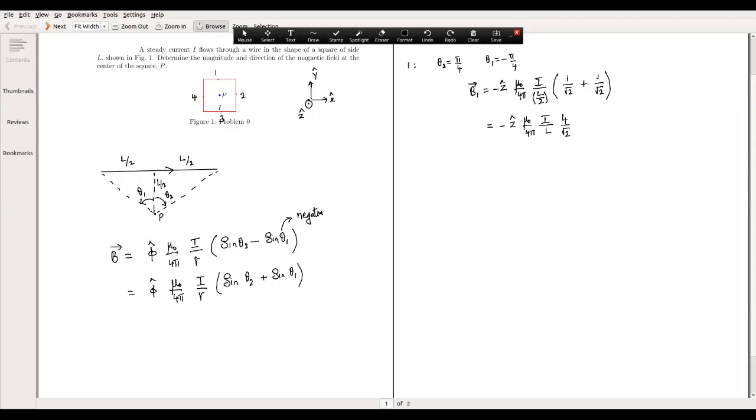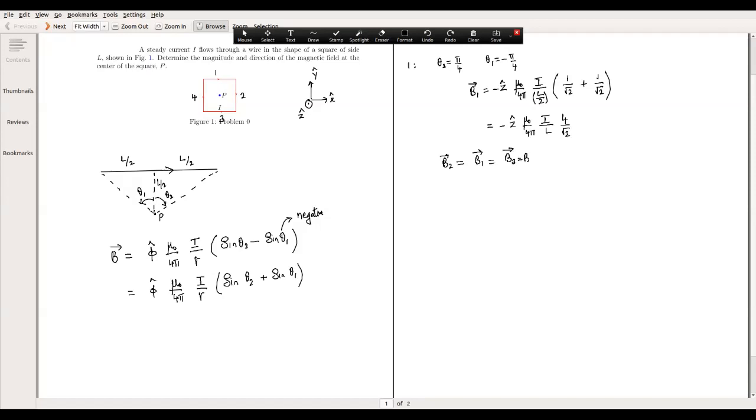Again, it will be pointing inward. So B2 will come out to be exactly B1. In fact, all four of them point into the page, and they have exactly the same expression at point P because of the symmetry of the square.